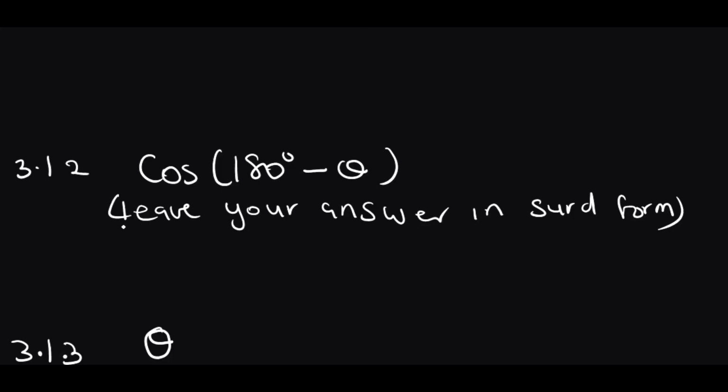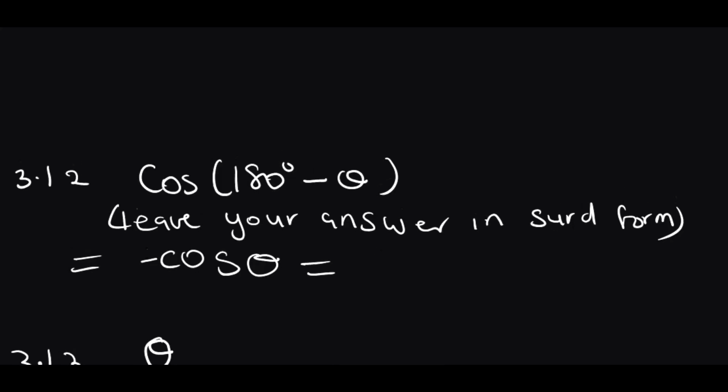3.1.2: cos of 180 degrees minus theta is negative cos theta. How is the sign? 180 degrees minus theta is in the second quadrant, and in that quadrant cos is negative. Let us go back and check.